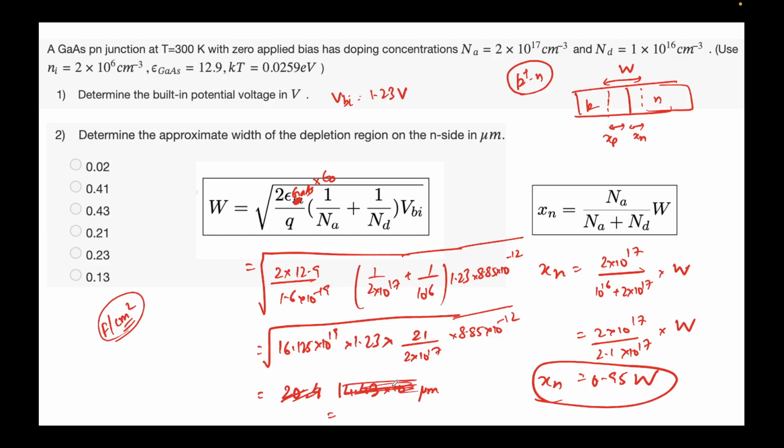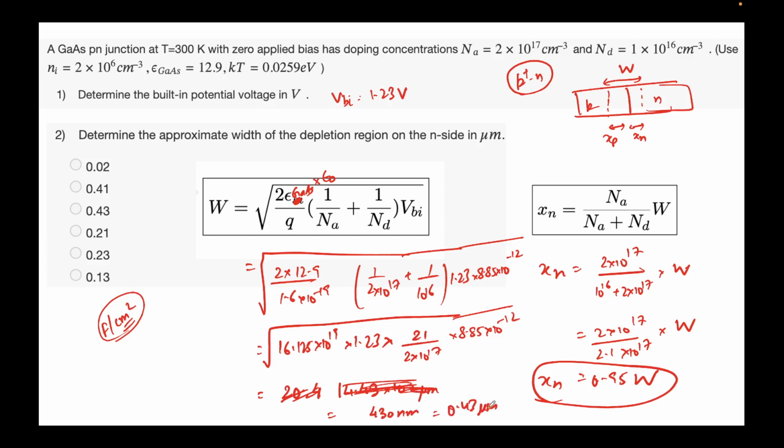So this is 16.125 times 1.23 times 21 by 2 times 8.85. All right, this number, and then if you take the square root, this is turning out to be around 430 nanometers. So this turns out to be 0.43 microns.